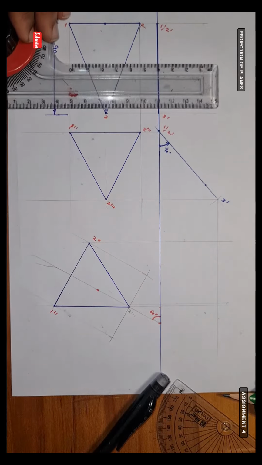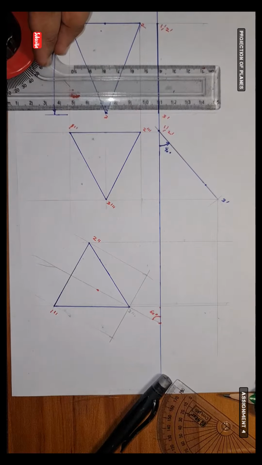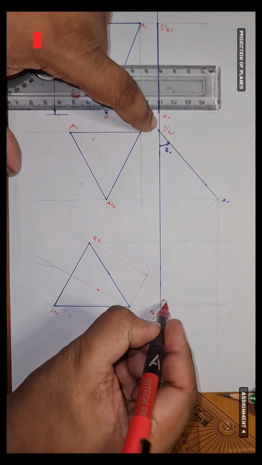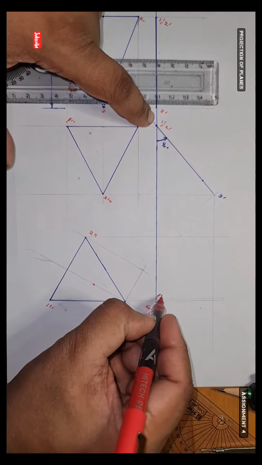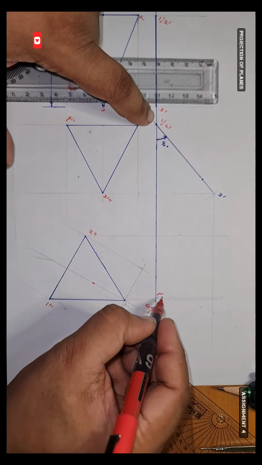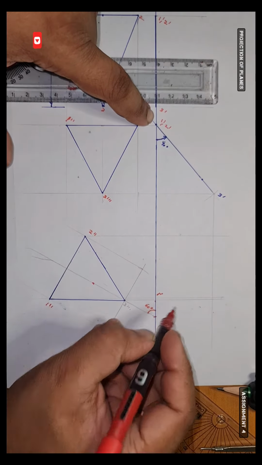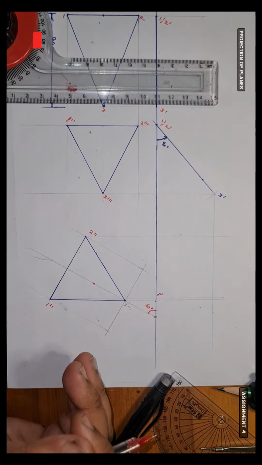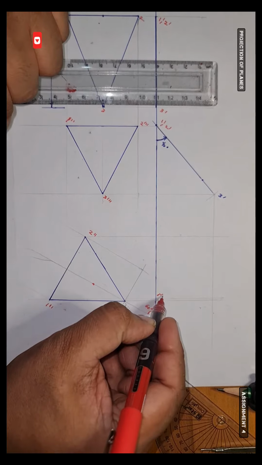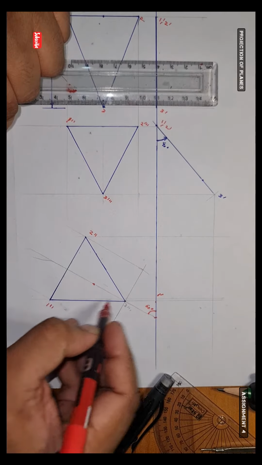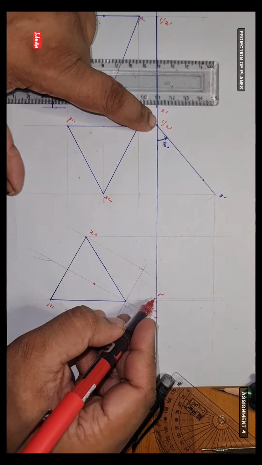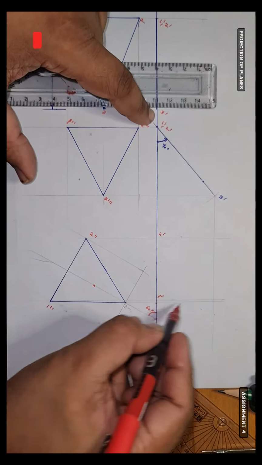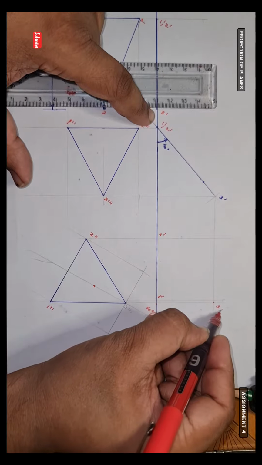This is 1, this is 1 dash. You can say 1 dash or 1 double dash, you can write anything you want. 1 dash corresponds to 1, 2 corresponds to 2 dash, then 3 corresponds to 3 dash.